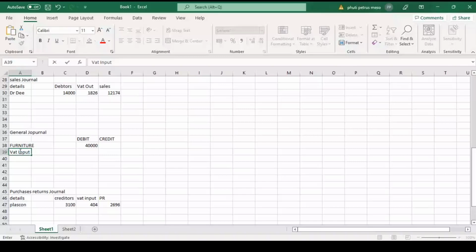It's 5217, and you're going to have creditors an amount of 40,000 plus 5217.